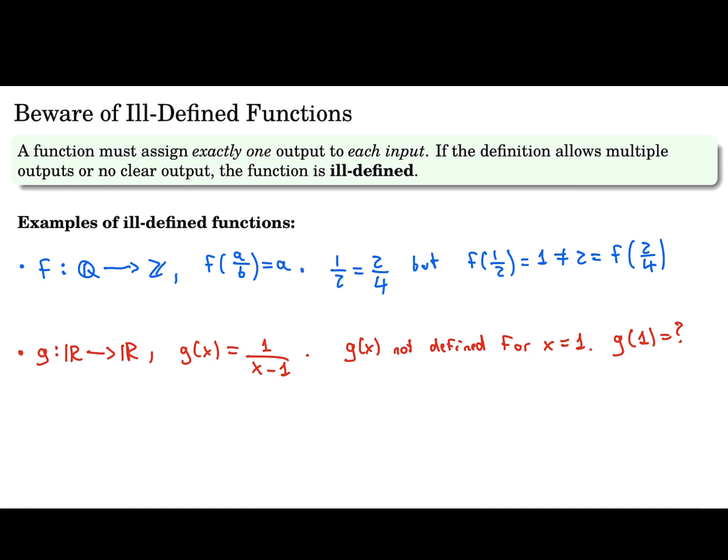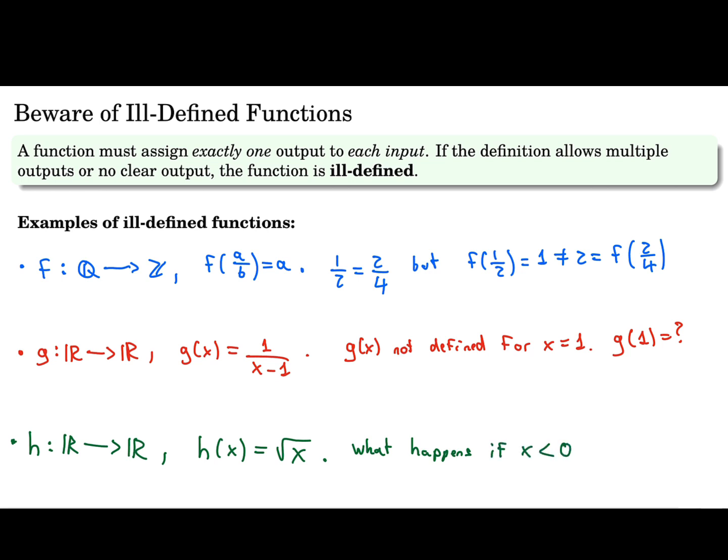Okay. And another example, let's consider this function here. Let's do again from real numbers to real numbers, given by h of x equal to square root of x. And this you might have also encountered. What happens here if x is smaller than 0?